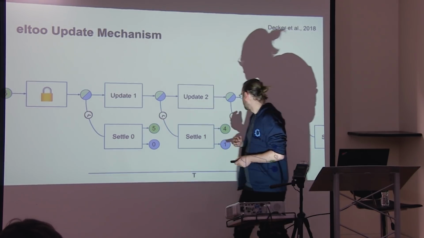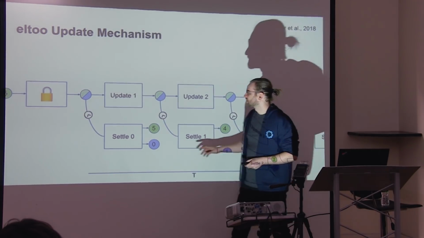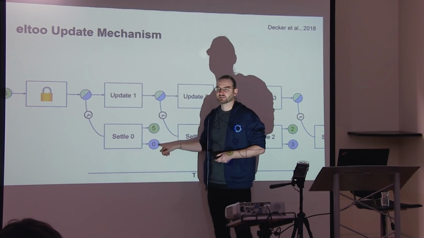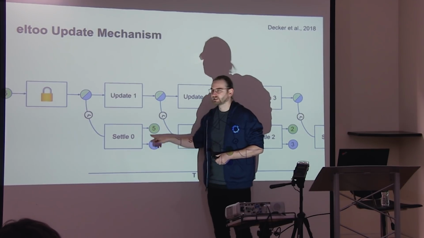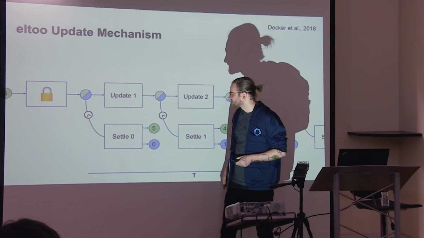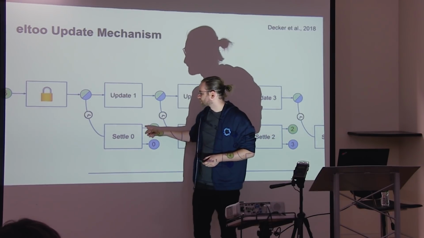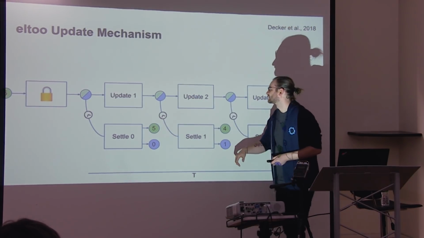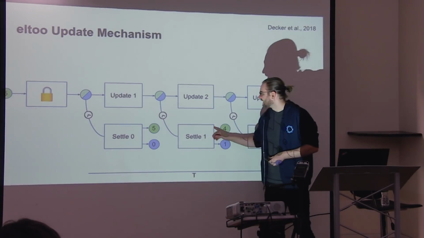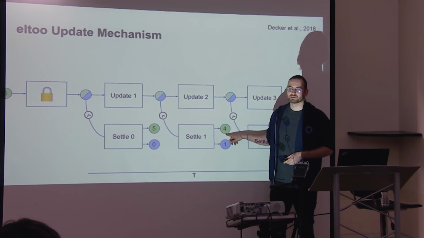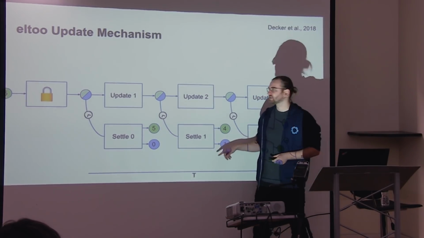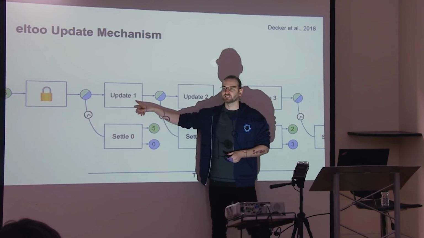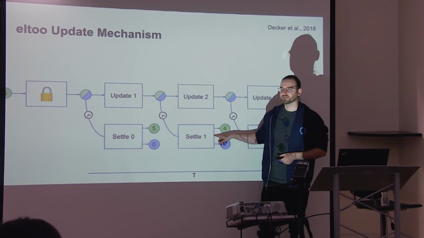So let's say the green user wants to enable this state here, right? So what he needs to do is basically to, let's not use that. That's a complex case. He wants to enact this state. So what he does is he publishes update 1. Then he has to wait 24 hours to settle this.